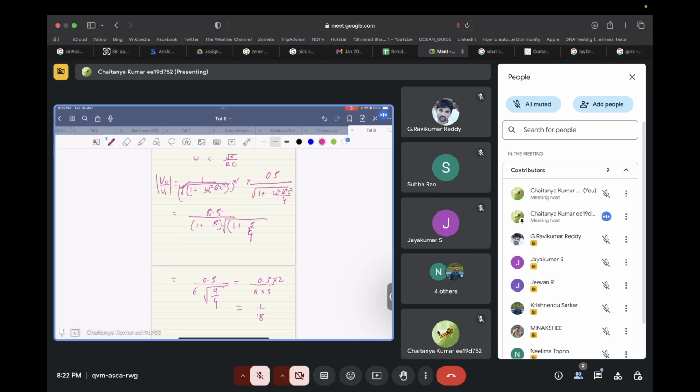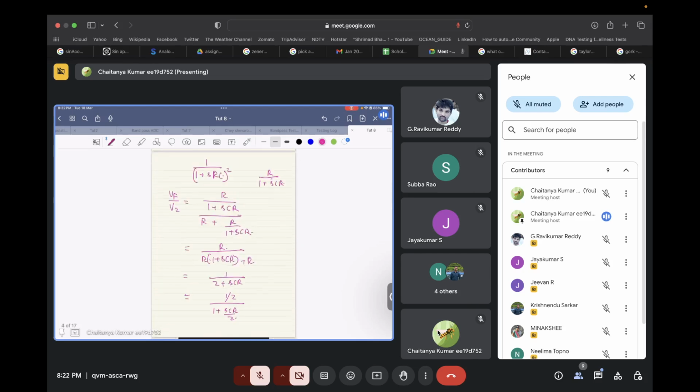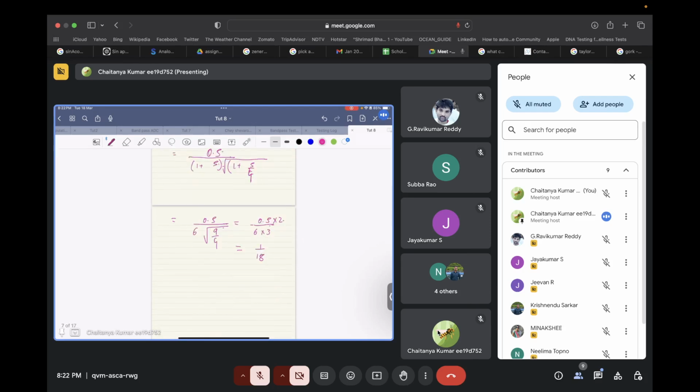Okay, so this multiplied by the gain of the inverting amplifier should be equal to 1. So what is the gain of the inverting amplifier? The gain of the inverting amplifier is minus k, right? So this actually will be minus 18. Why?